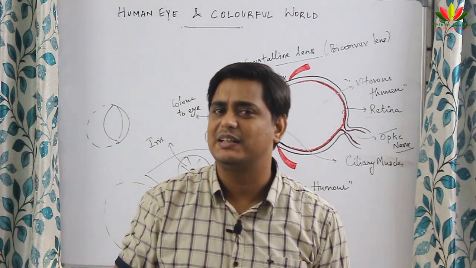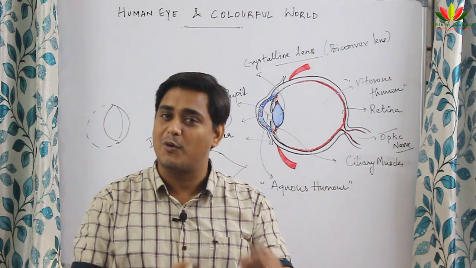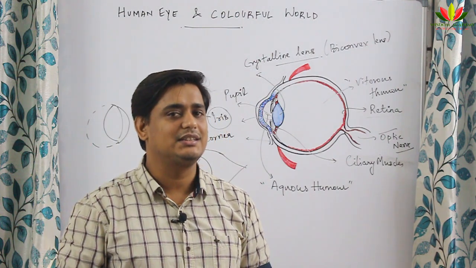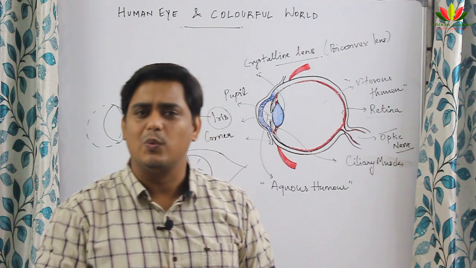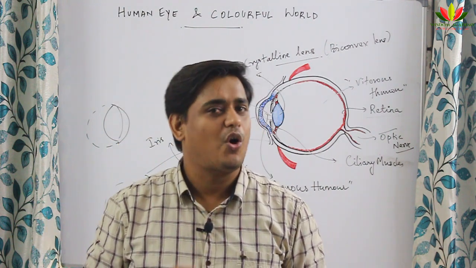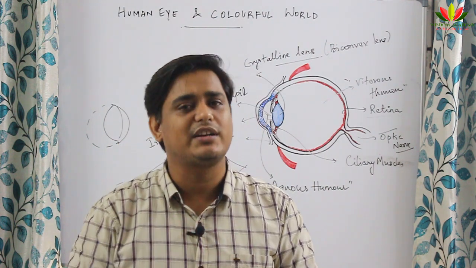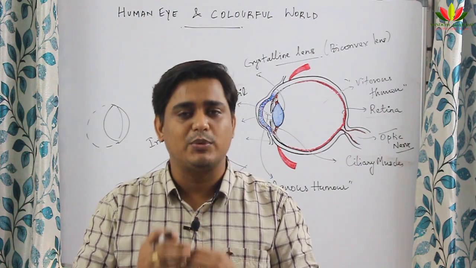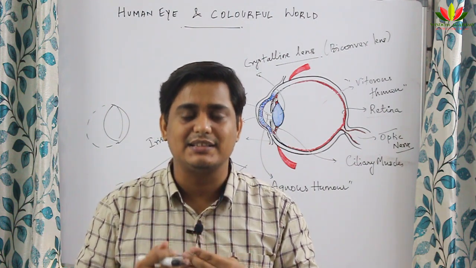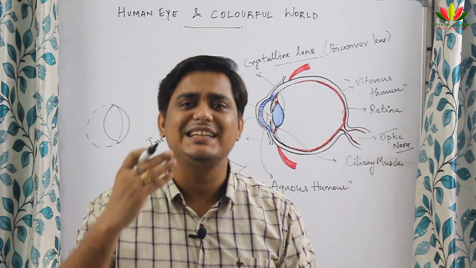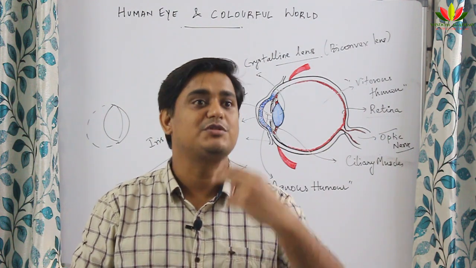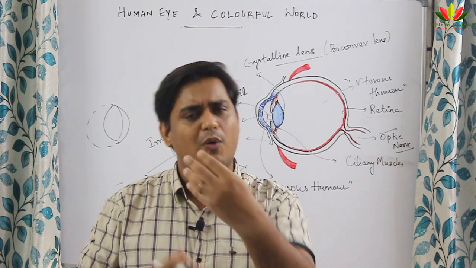I hope you know that whatever image is forming in our eye is a real image. When the image is a real image, obviously it will be inverted, because we know that real images are always inverted. Now suppose the image formed in our retina is inverted, then how are we seeing it straight? Suppose I am seeing you and I am seeing you erect. How am I doing that?